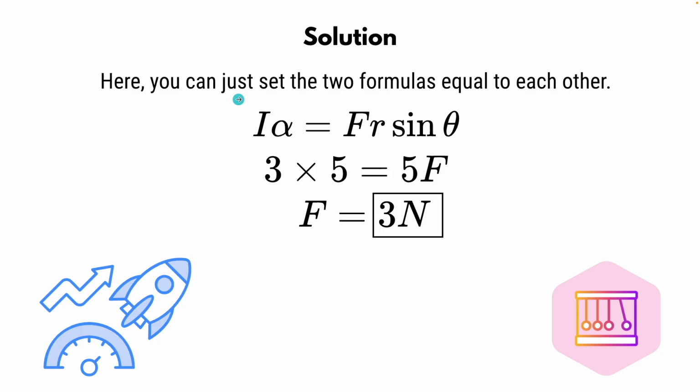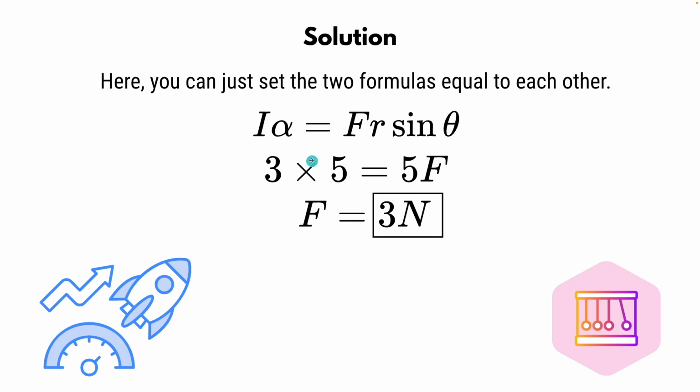So this is just a matter, if you remember, torque had two formulas: moment of inertia times alpha, and force times radius. Because we're ignoring the sine theta, it's just one. So this is just a matter of setting the two formulas equal to each other. We have 3 times 5, because moment of inertia is 3 and angular acceleration is 5, is equal to 5 times the force, because the radius is 5.